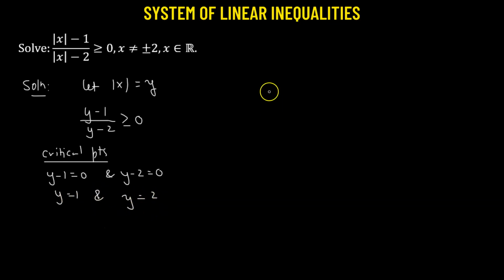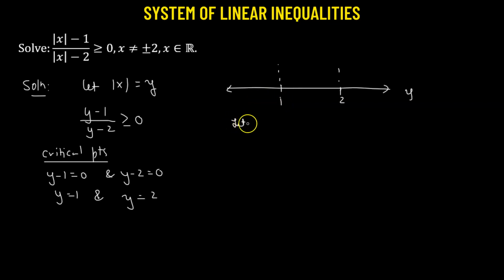What we'll do on the number line, let's do it here. This is a number line that represents the values of y. So we'll have 1 and 2. We have now divided the real number line into 3 parts. So this is the region to the left of 1.